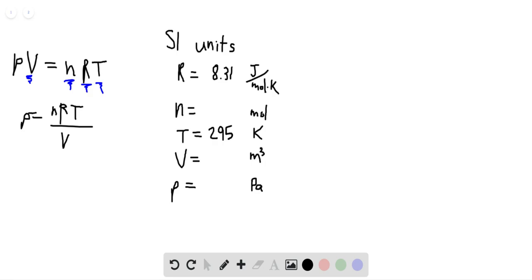Let's just round it off. Okay, so the temperature is 295 degrees Kelvin. The volume, we have 38 liters. If you convert liters to meters cubed, you will find a factor of 1,000.